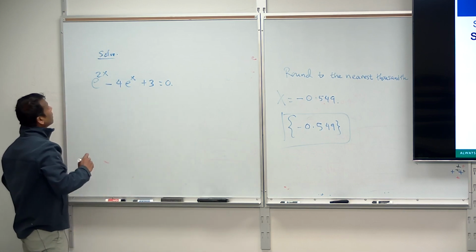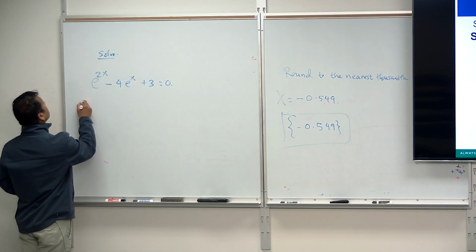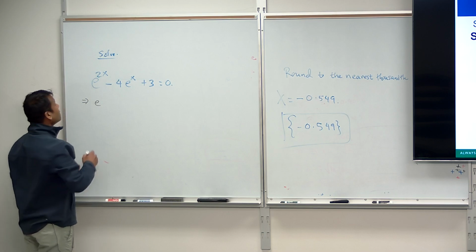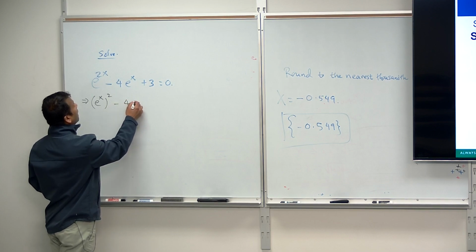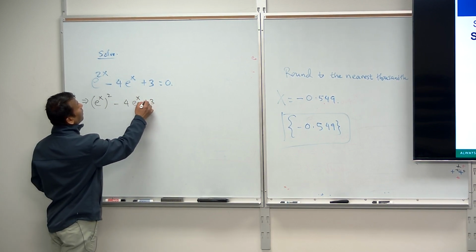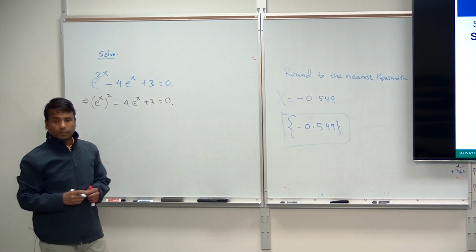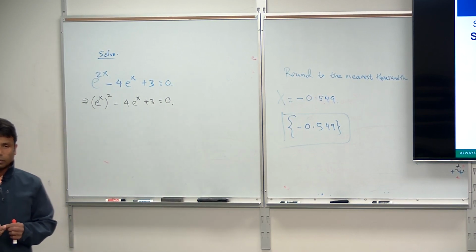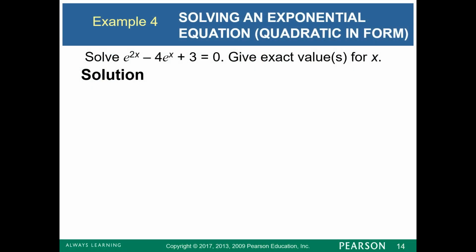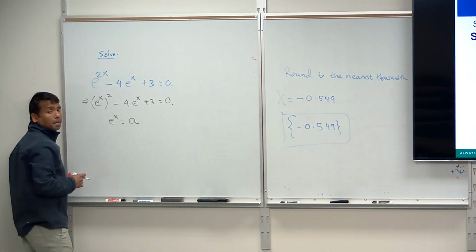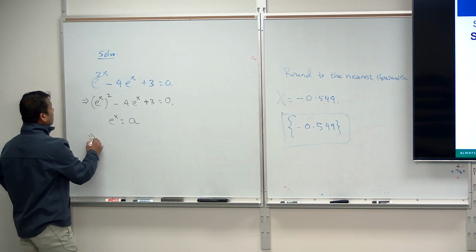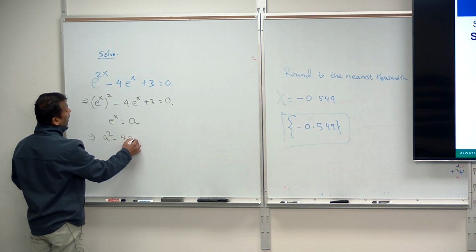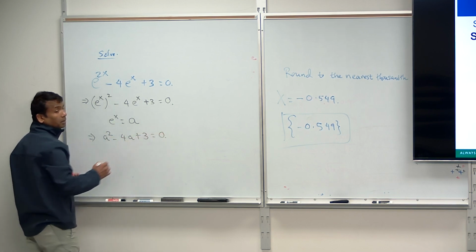Remember, e to the power 2x is the same as e to the power x raised to the power 2, minus 4 times e to the power x plus 3 equal to 0. So you put e to the power x equal to, let's say, a. So this is going to be a squared minus 4a plus 3 equal to 0.